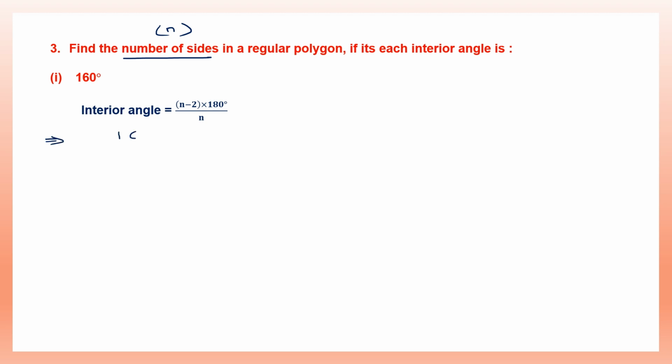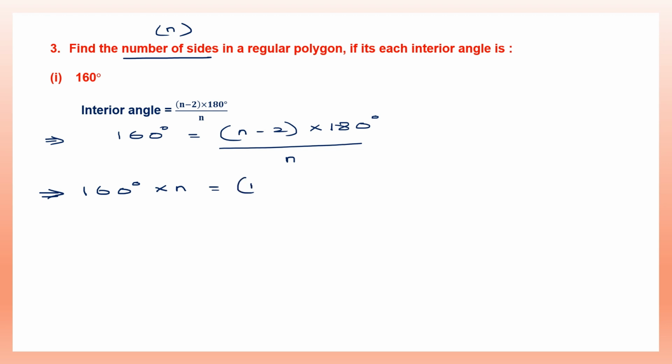So interior angle is 160 degrees, which is equal to (n minus 2) into 180 degrees divided by n. So here we can take n to the other side. It will become multiplication. So this becomes 160 degrees into n. And on the right hand side I have (n minus 2) into 180 degrees.